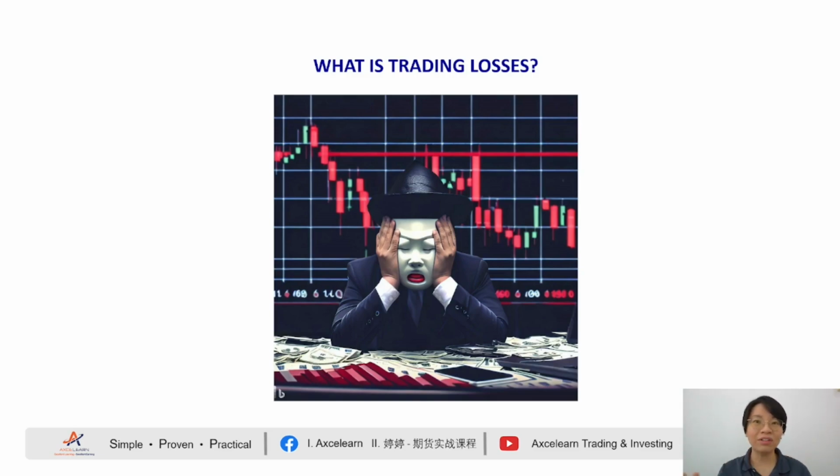I'm not going to cover the rest, but I only want to focus on this one so that we standardize our definition before we continue with today's topic. This trading loss is very direct, meaning whether we are making money or losing money. This is the first definition.